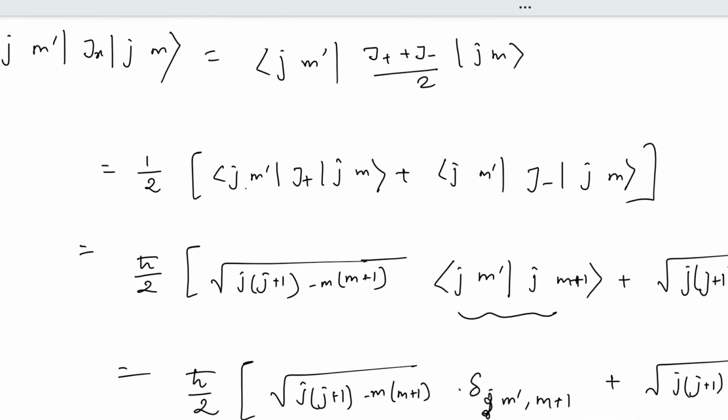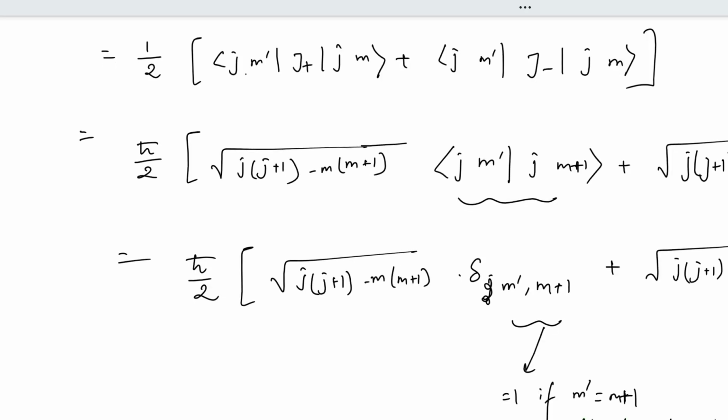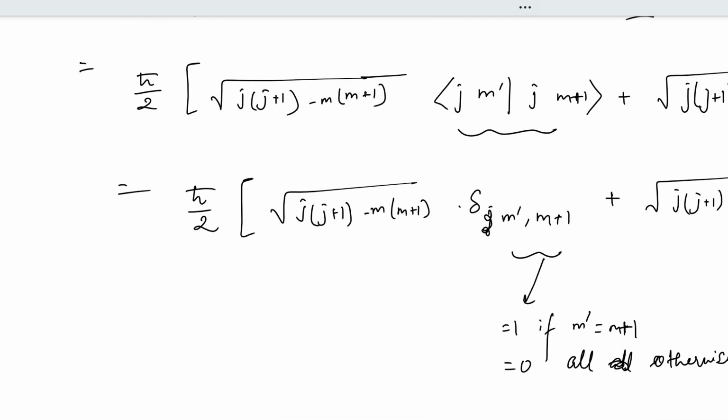So this Kronecker delta means that it is only equal to 1 if m prime is the neighboring side m plus 1 and equal to 0 for all otherwise. Similarly, this Kronecker delta means this is equal to 1 only if m prime equals m minus 1, and equal to 0 for everything else. So thus you know that this is a Kronecker delta representation, and from here you can know what your matrix elements are, because now you have h cut by 2 in common.